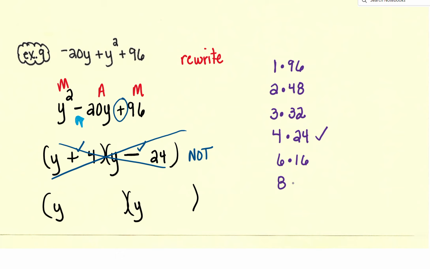What about 8 times 12? 8 and 12 will also get me 20. So let's try 8 and 12, and we need them to be negative 20 for the middleman, so make them both bad guys. 8 negatives and 12 negatives total up to 20 negatives. And then I also know that my signs work because negative times negative is a positive 96.